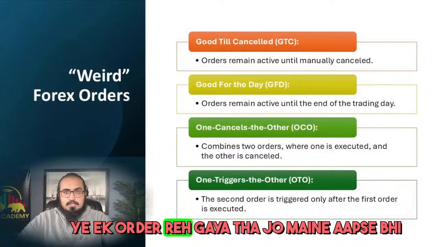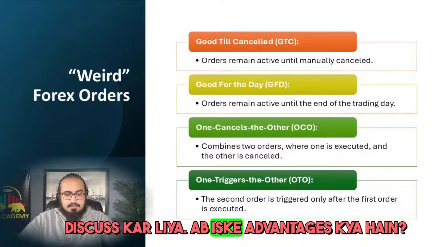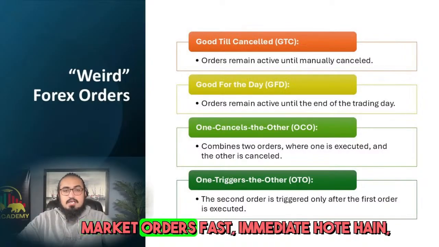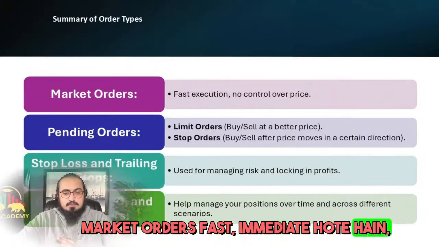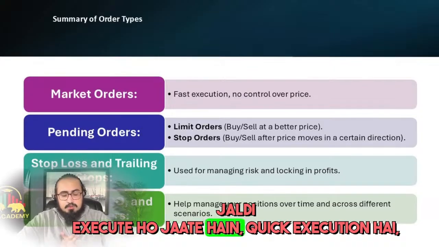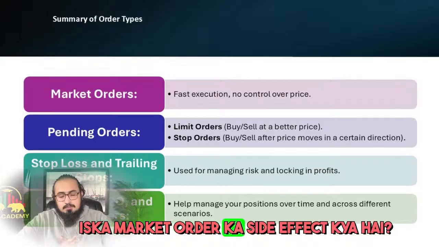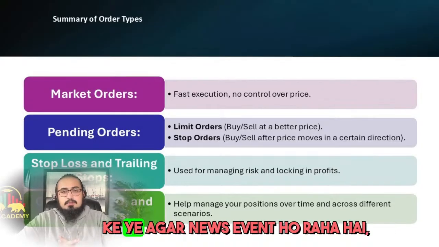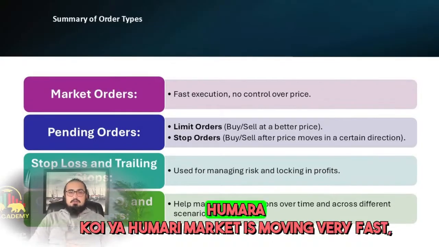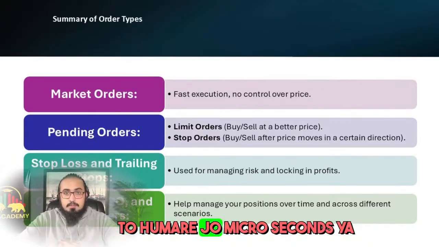Now, if the price goes to 20 pips profit, the stop loss will move to 10. That means the price is moving in your direction. The trailing stop stays behind the price by 10 pips. Whenever the price comes back by 10 pips, your stop loss will be hit, and your position will close at your entry price or better.